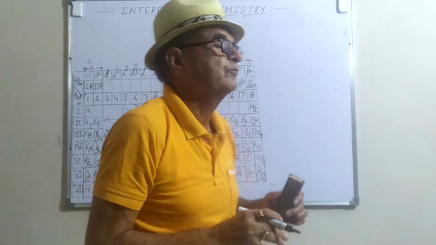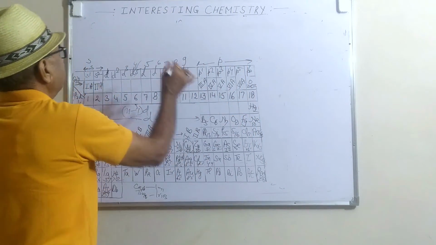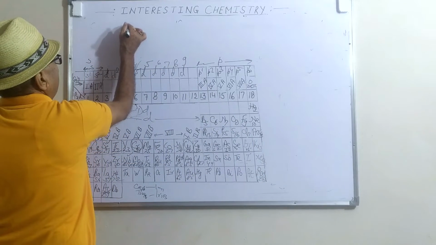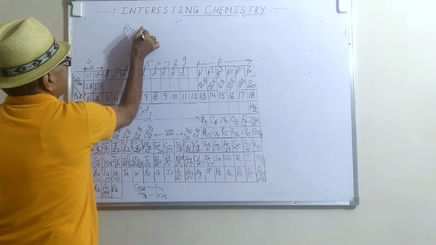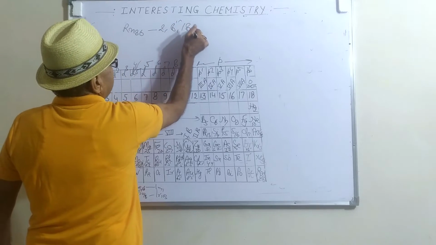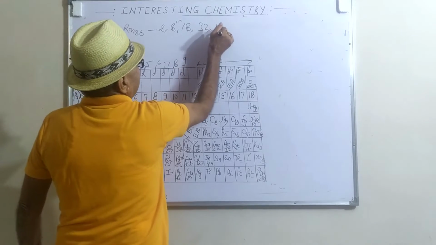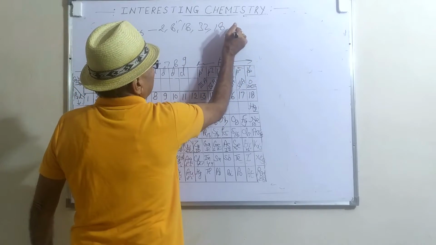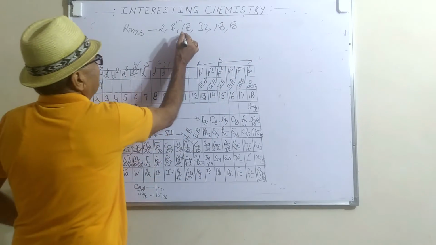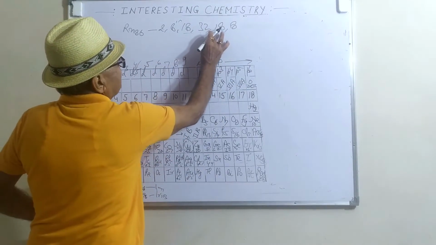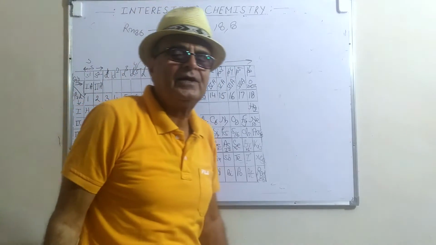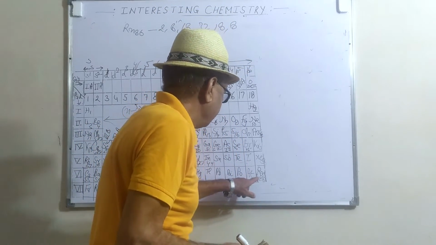Before writing the actinium, you should write the radon 86, Rn 86. What is it? 2, 8, 18, 32, 18 and 8. This is the electronic configuration of the radon.